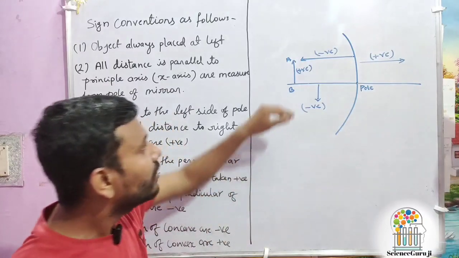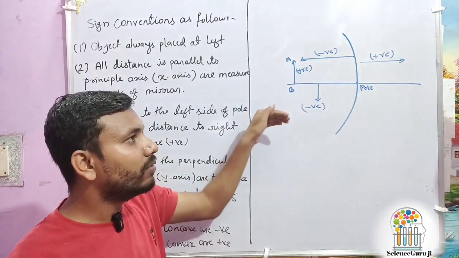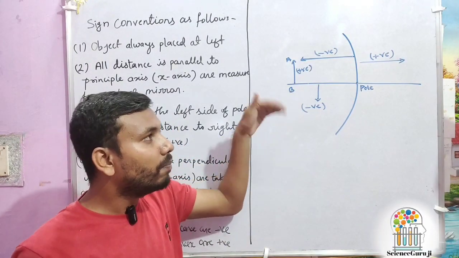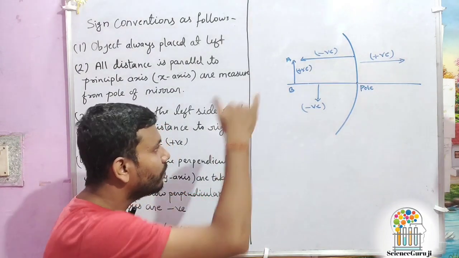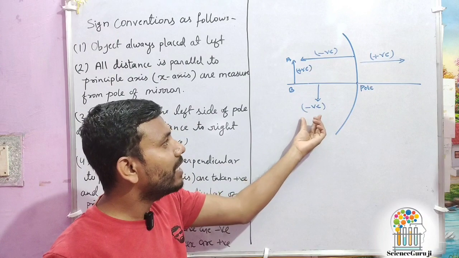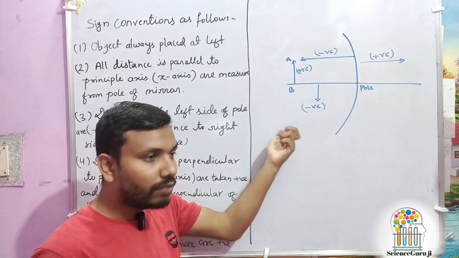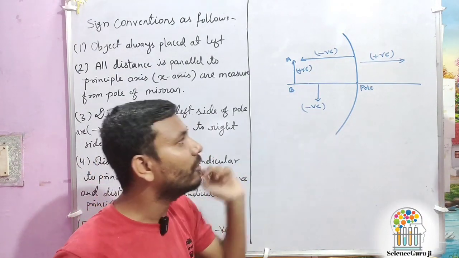Next, if we consider below the principal axis, then the sign used here is negative.